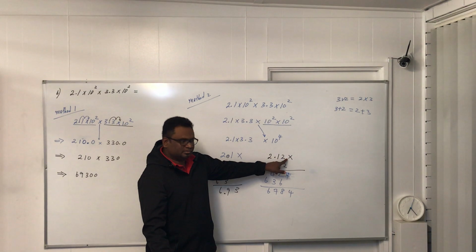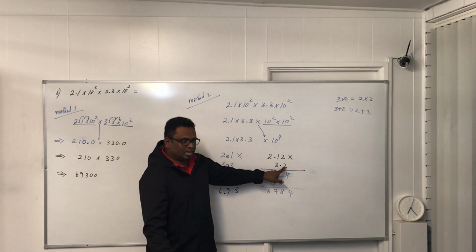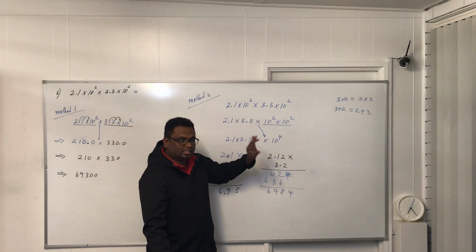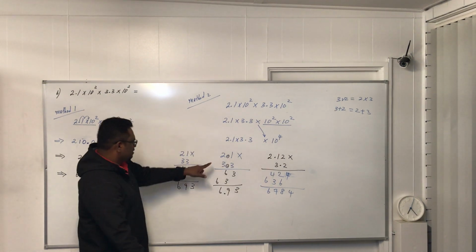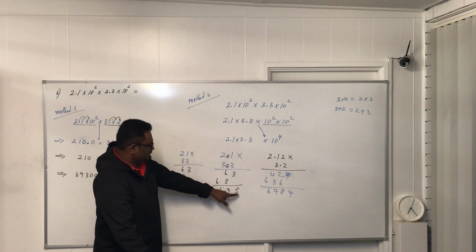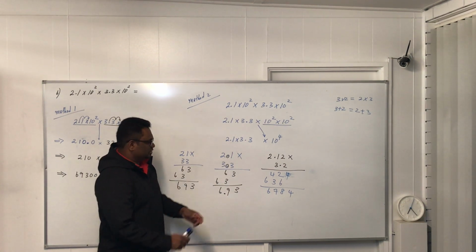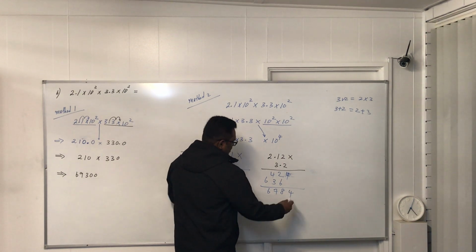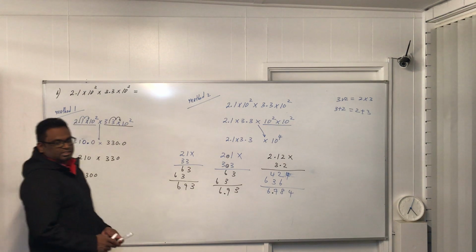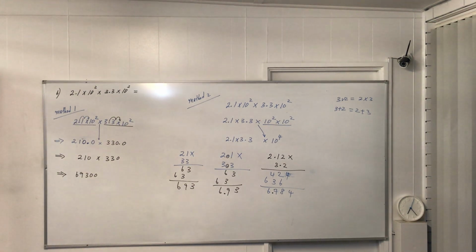Here, after the dot you have 1 digit. After the dot you have 2 digits, right? So that's 3. So now here it should be 3. So 1, 2, 3 is here. That's the answer. All good, guys?